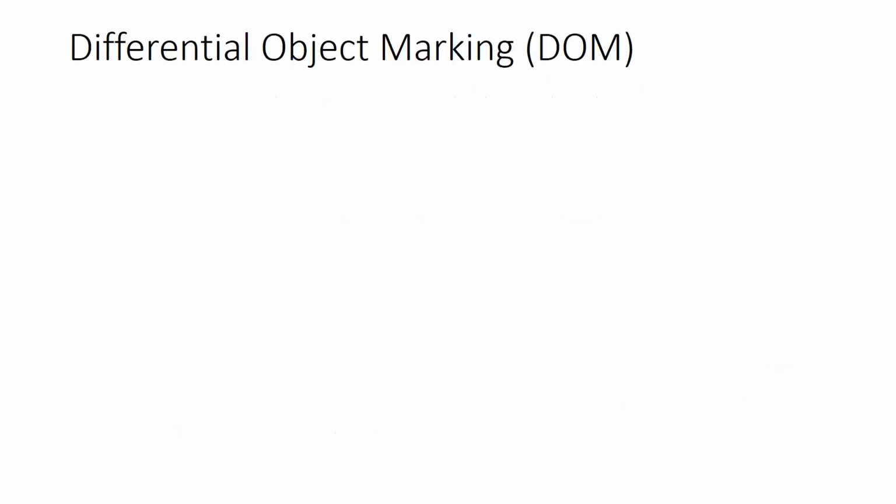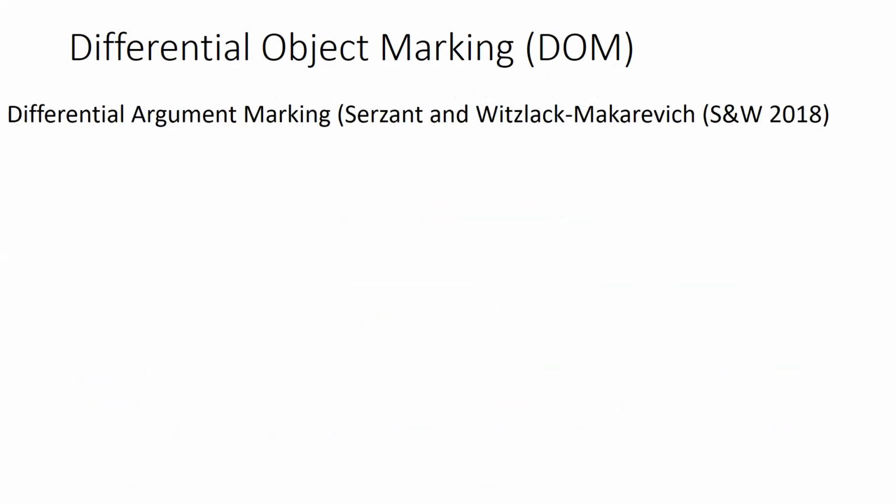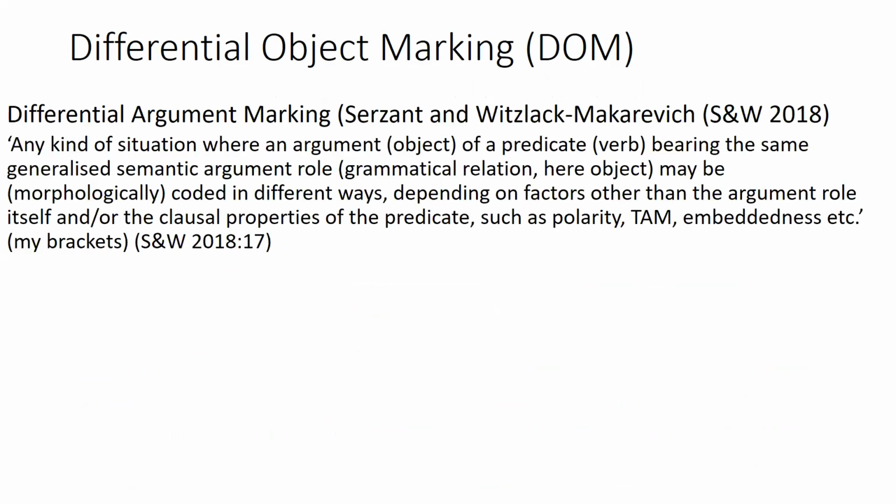All right, DOM stands for differential object marking. It's actually part of a bigger phenomenon called differential argument marking. A recent book by Witzlack-Makarevich and Seržant gives a pretty good definition of differential argument marking.